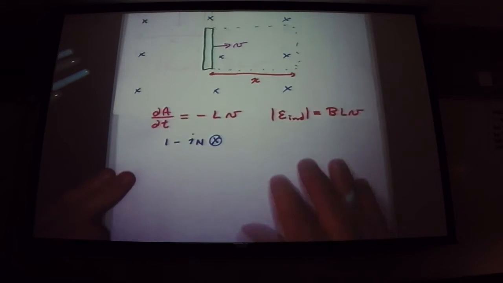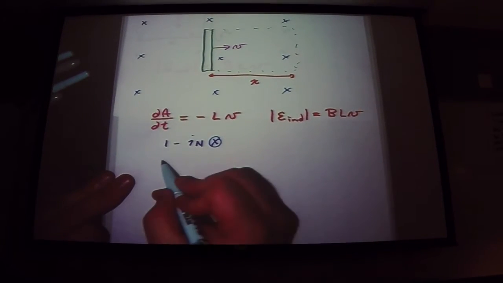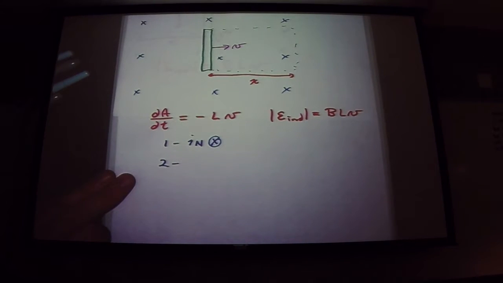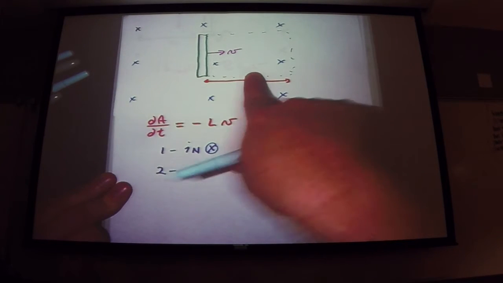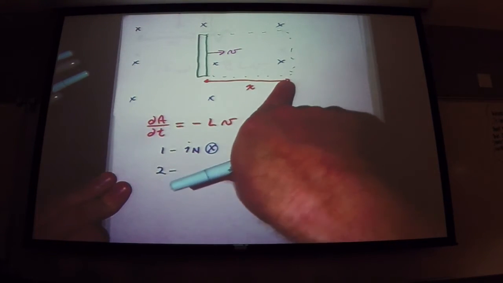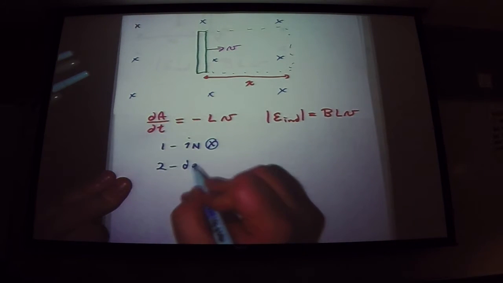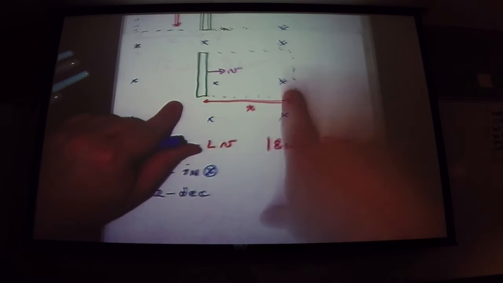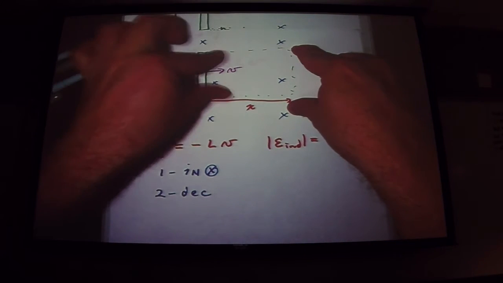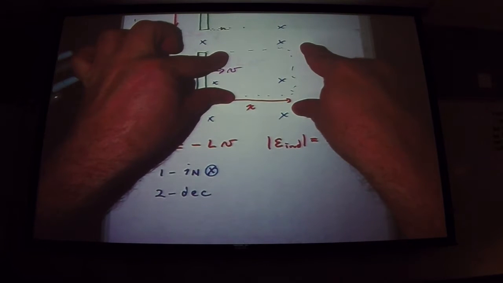Is that flux increasing or decreasing? It's decreasing. Why? Because notice the area is shrinking. So I'm going to have fewer x's in this loop. For this loop, as this moves, that gets smaller, so it's decreasing.